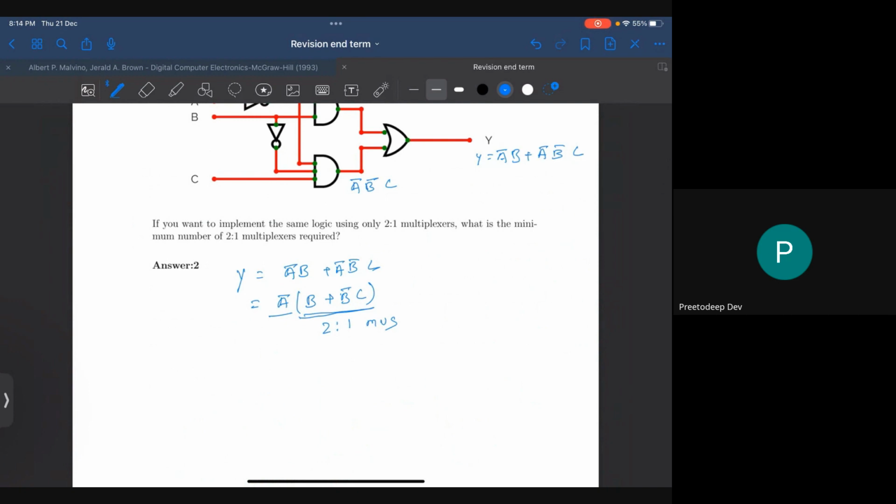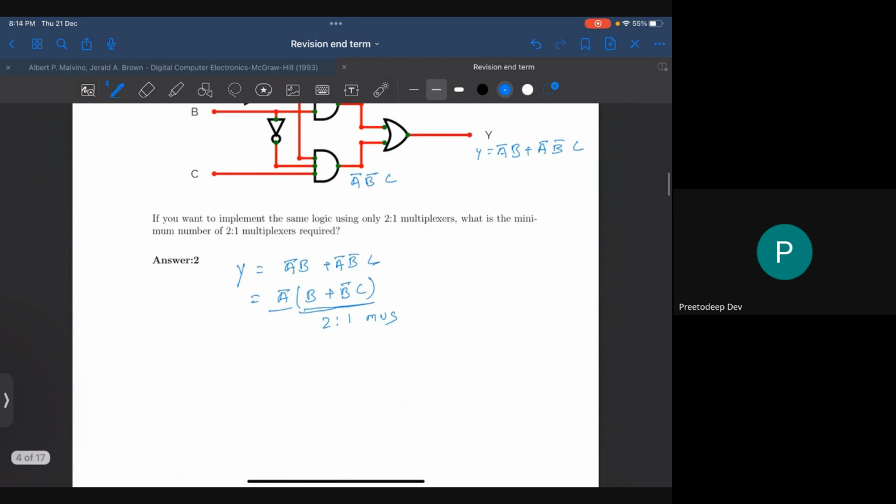Okay, so the formula for the 2:1 mux: suppose this is A, this is B, and this is the select line S. What is the formula for Y? Y equal to S bar A plus S B, correct?